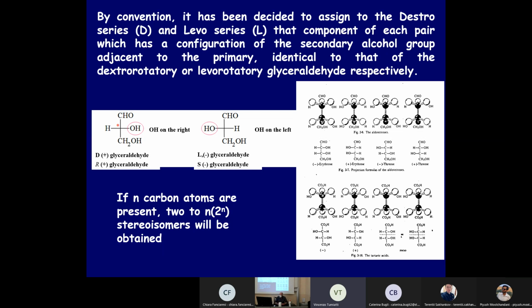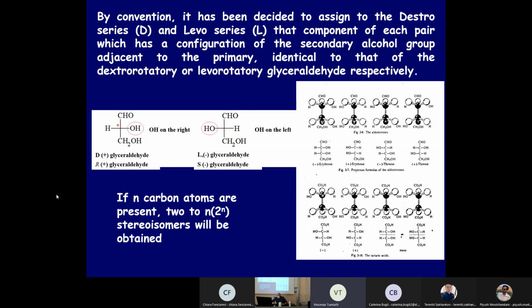You know the meaning of the term D and the meaning of the term L. You know the meaning of this plus and this minus present before the name of this compound, glyceraldehyde.